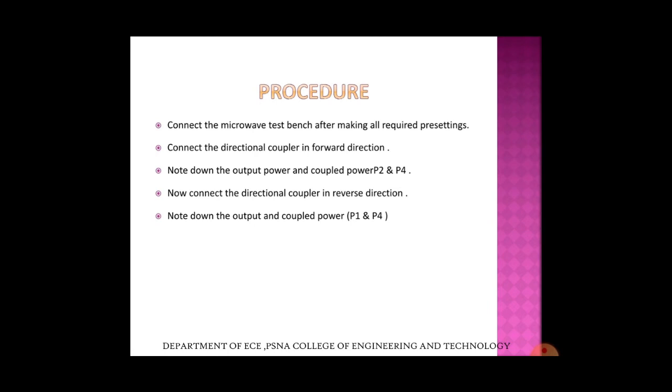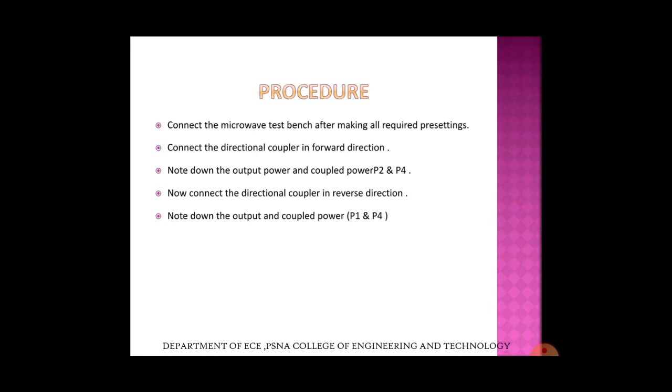The coupling port 4 has to be matched terminated. Then note down the output power from P2, that is port 2. Now connect the directional coupler in the reverse direction in order to determine the output power from port 1.